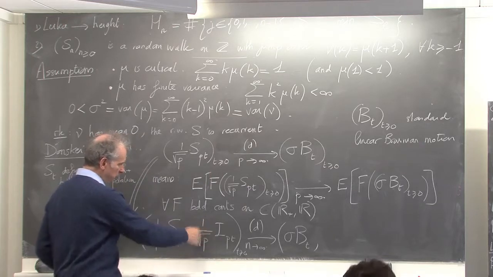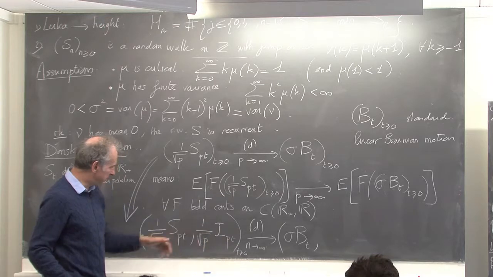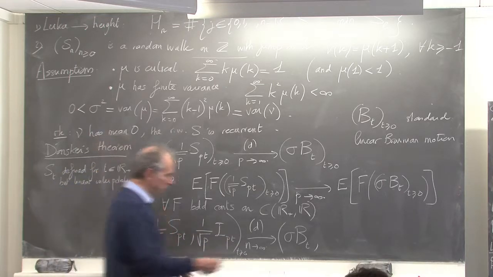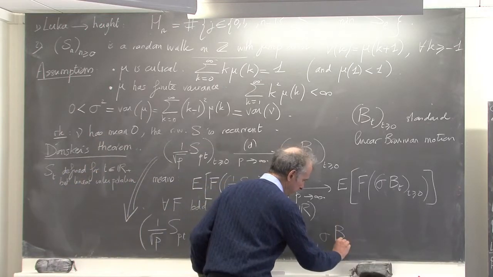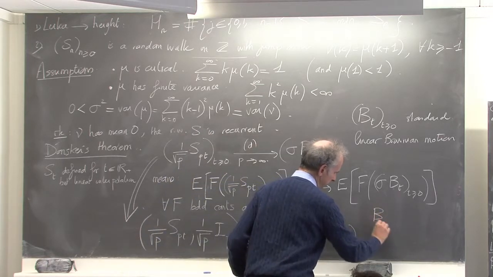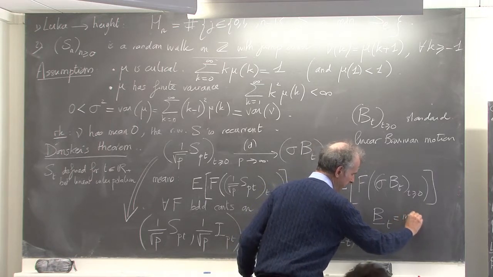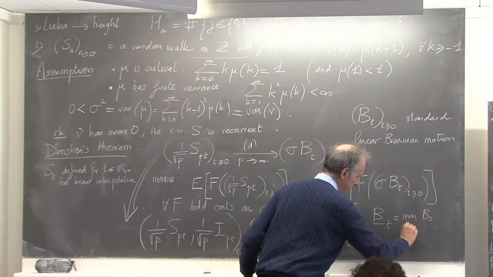For the second component, it's just the infimum up to time pt, with the same rescaling. So what you will get is simply the infimum process of the Brownian motion, which I denote in this way, B underlined, t equals the minimum of B_s.